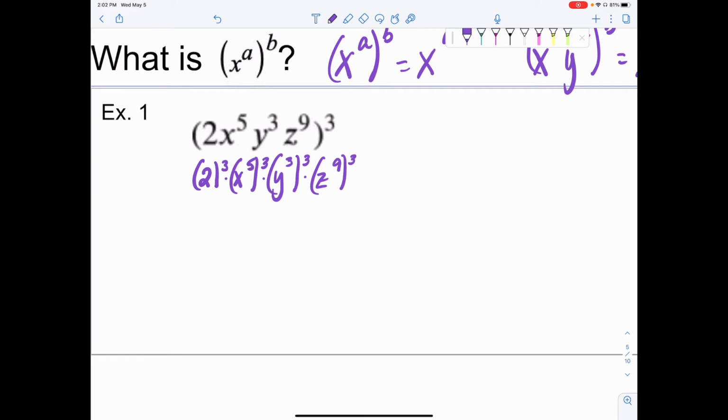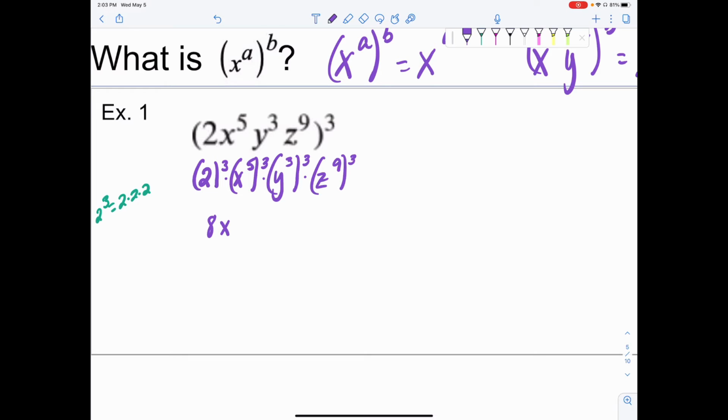And then we're simplifying. 2 cubed, again, is 2 times 2 times 2, which would give us 8. And then we're raising a power to a power, so the base stays the same. And we're multiplying those exponents, because if we were going to write it out the long way, I would have to do x to the fifth times x to the fifth times x to the fifth.